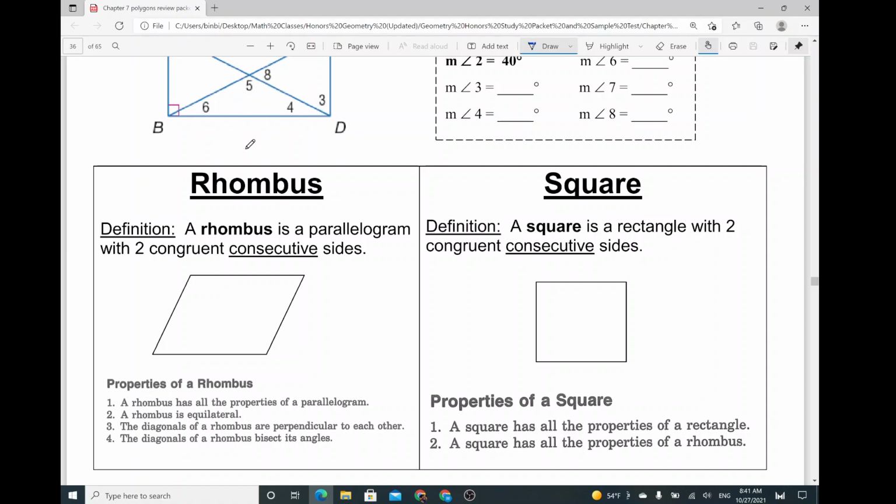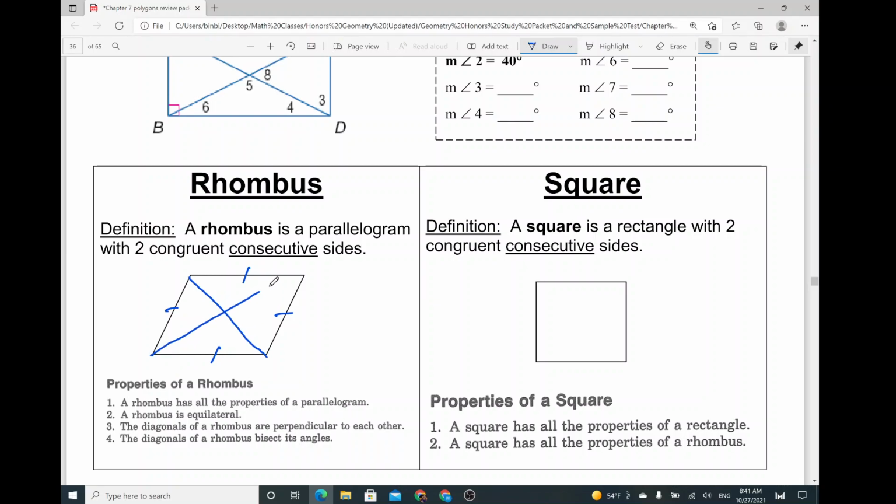So here are the properties of a rhombus. A rhombus has all the properties of a parallelogram. A rhombus is equilateral, so all four sides are congruent. And the diagonals of a rhombus are perpendicular to each other. So let's say you draw the diagonal from one vertex to another vertex.